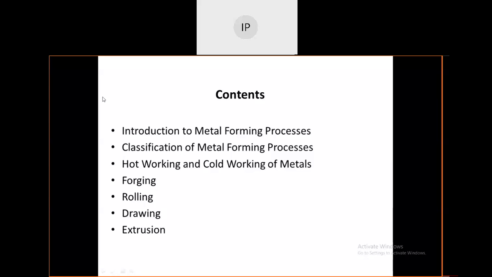The term plastic is used for the behavior of the material, that is, permanent deformation of the product. This is the standard definition of metal working or the metal forming process. We also discussed the various classifications of metal forming processes.